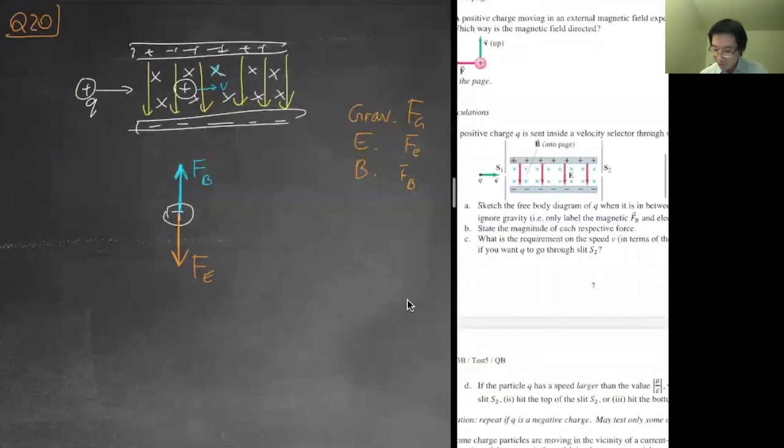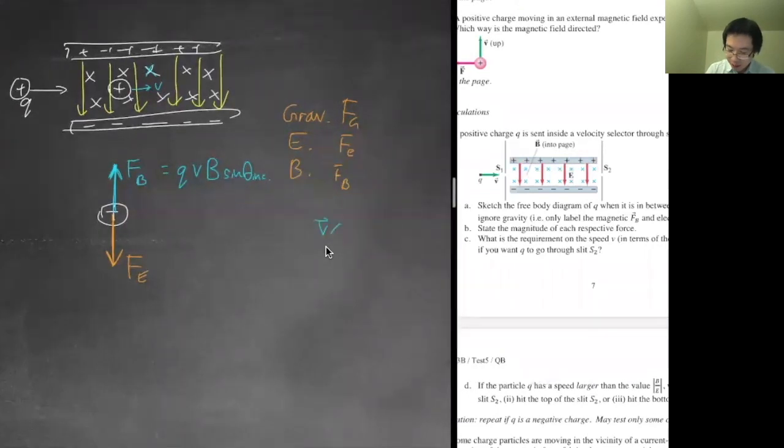And then part B, state the magnitude of each respective force. Well, the magnitude of this is QVB. Technically, we need to look at the angle between V and B as well. So it's sine of the included angle, because it's V cross B. Just in case you don't know where this comes from, this creates a vector, and the magnitude of the result is V sine theta, where theta is the included angle.